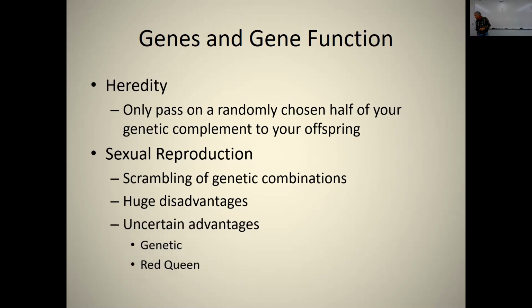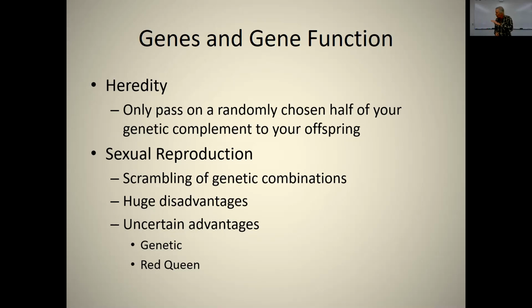Yes, the advantages are uncertain. And actually, it's a big question why sex is so prevalent, why sexual reproduction is way, way more common than asexual, despite these huge disadvantages.